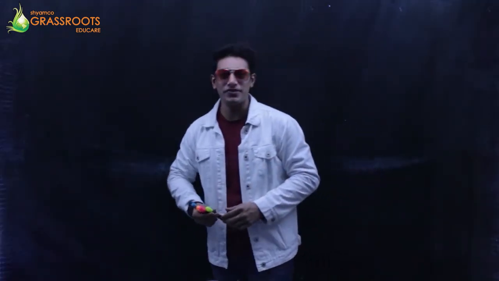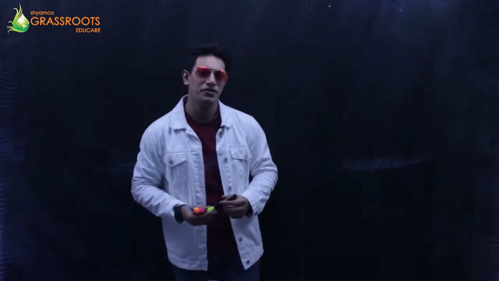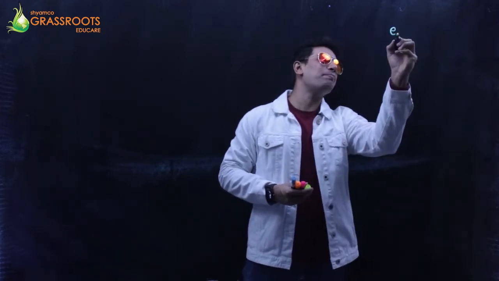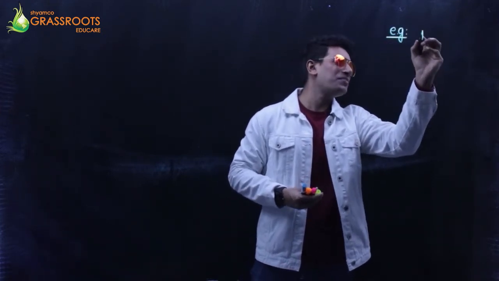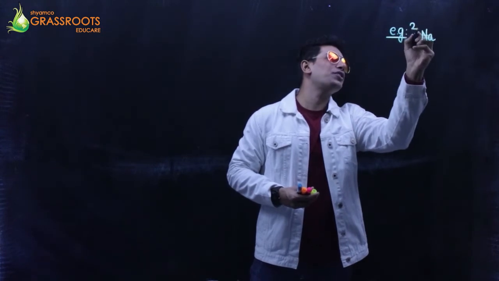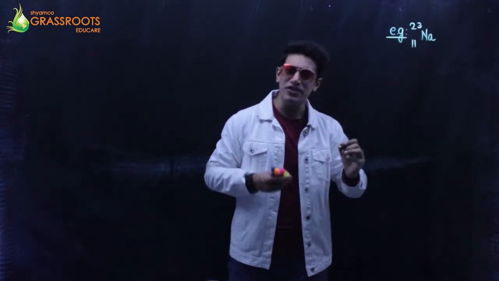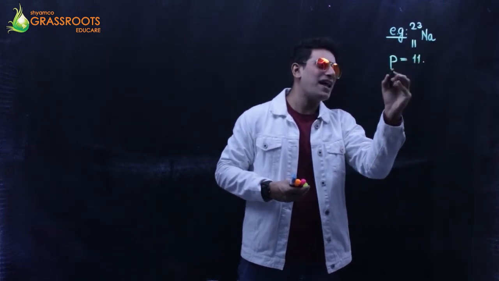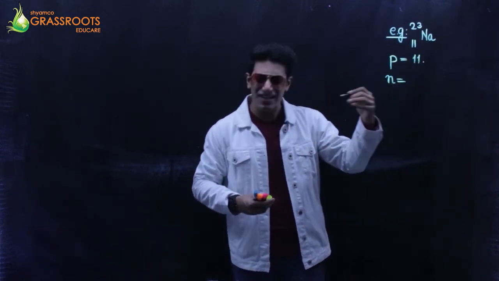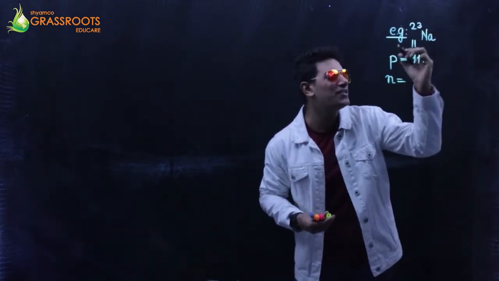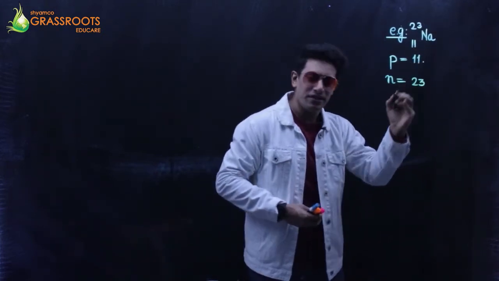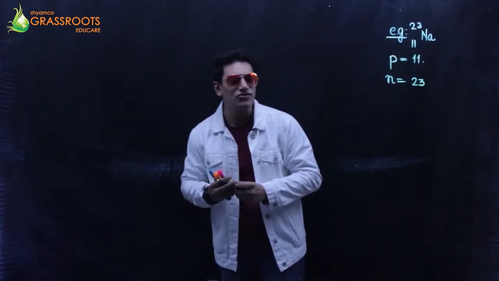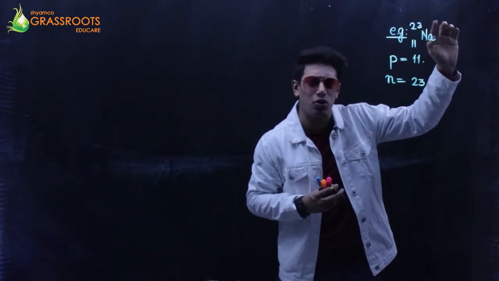Final part of the chapter, guys, the neutron-proton ratio, the NP ratio, that's what we call it. Now it's simple. You take an example of sodium, we write it as sodium 23, 11. 11 is the number of protons or electrons, and the number of neutrons is obviously 23 minus 11. 23 represents the mass, that means protons plus neutrons.